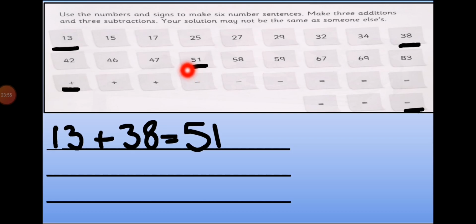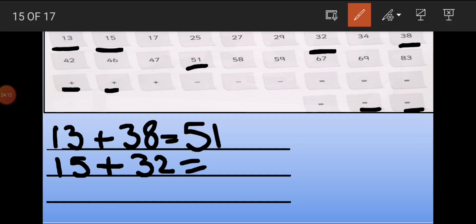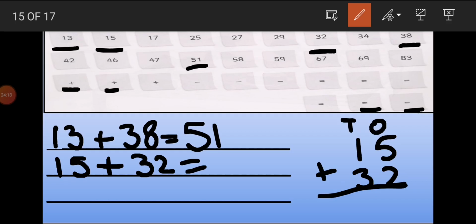Now I'm going to make my second number sentence. Now I'm choosing a number from here, 15. Now I'm choosing one addition sign here. Then I will choose my next number, that is 32. Is equal to sign. Now I'm going to add them at the side. 15 plus 32, ones and tens. In number 15, 5 is ones and 1 is tens.